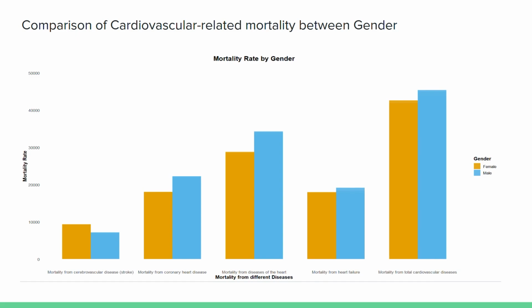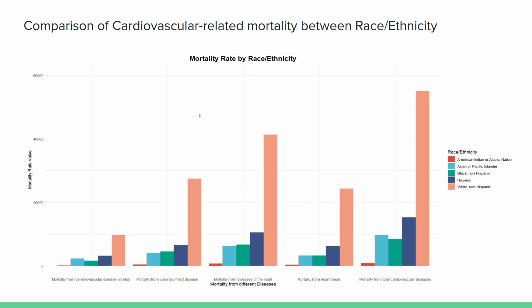Now moving to the next slide, the race and ethnicity is the same compared to the previous slide. Here it is only race ethnicity. Different types of race ethnicity are listed in the legend area.